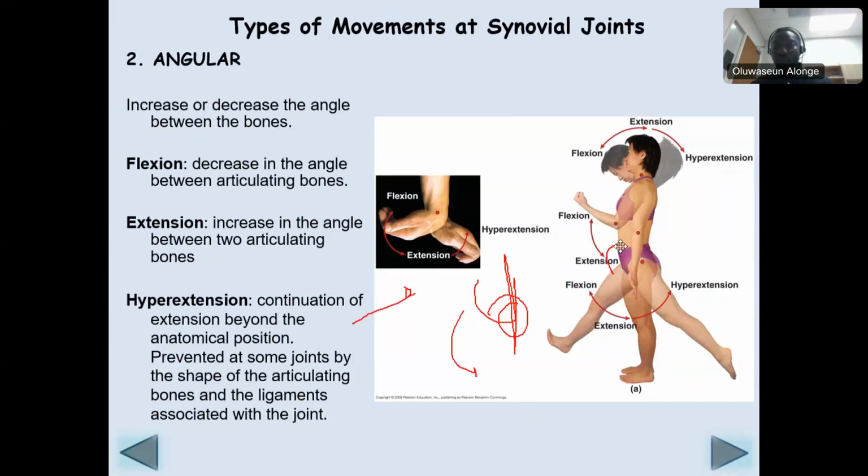When you restore it, it comes back to 180. Now, you can decide to go beyond 180 backward. This is what we call hyperextension. Hyperextension simply means that you are taking it beyond the normal position in the body.